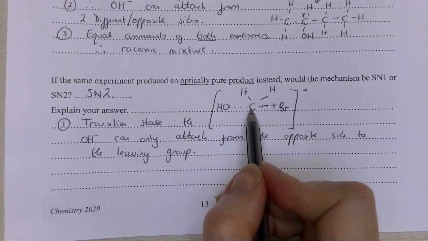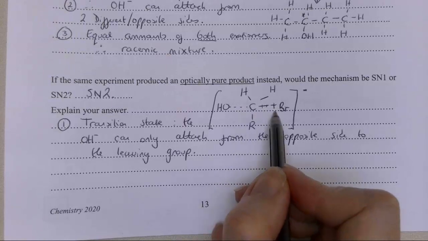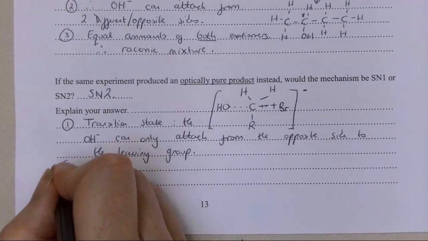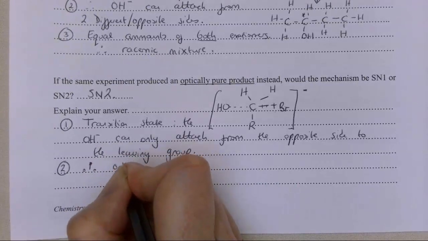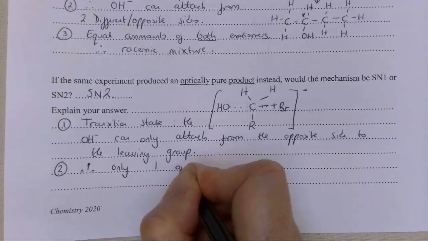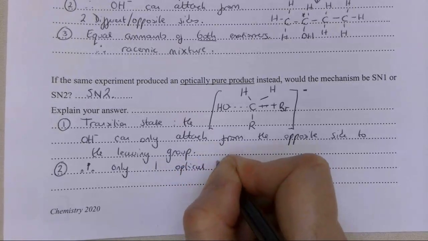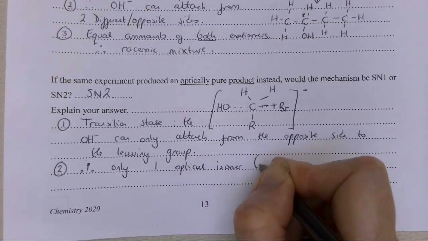So there's only one direction that this OH group can attack, and it can only attack from the opposite to this leaving Br group. Therefore, only one optical isomer, one enantiomer.